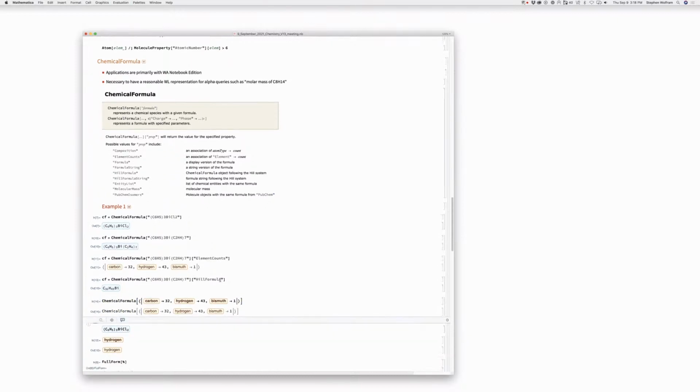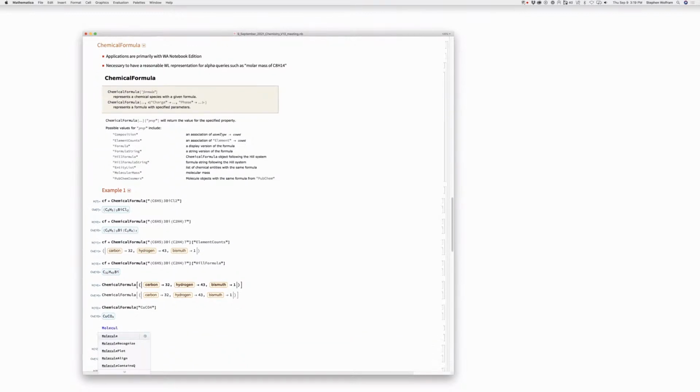And then if I say molecule of, so if I say, for example, chemical formula, about the only one I know, let's just do CH4. I'm going to do that just for fun. And now I say molecule of that. Is that even a thing?